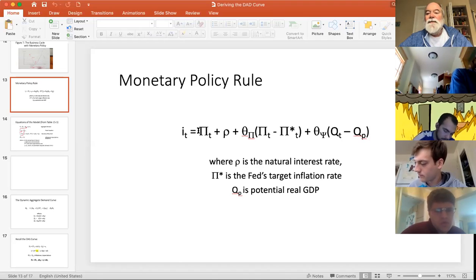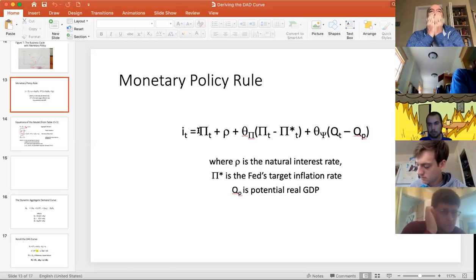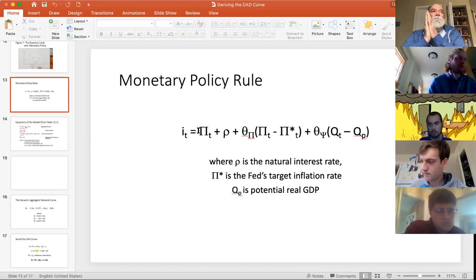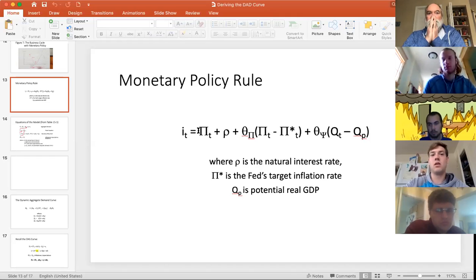What's the difference between that and a liquidity trap? The problem with the liquidity trap is people are willing to hold an infinite amount of money.